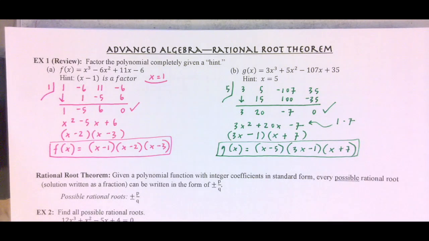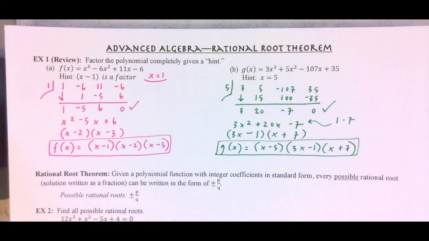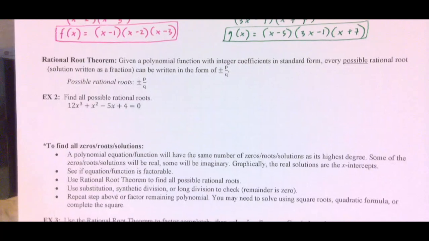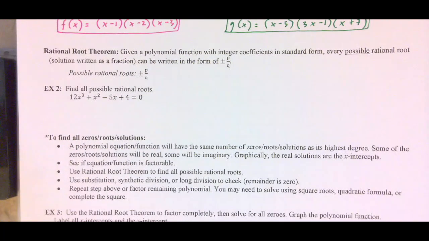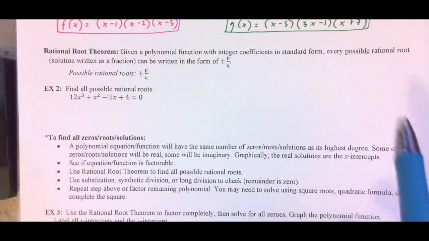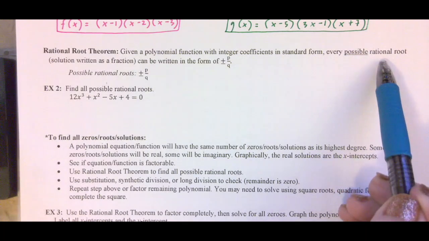All right, but what happens if we don't give you a hint? Enter the rational root theorem. So given a polynomial function with integer coefficients in standard form, every possible rational root solution written as a fraction can be written in this format. So remember that rational numbers are just numbers that we can write as a fraction.